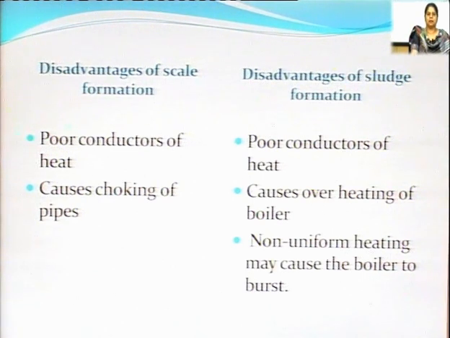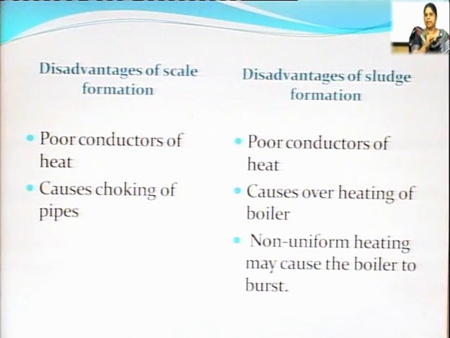Further, due to the scale formation or the sludge formation, there is non-uniform heating, because at points where a large amount of sludge or scale is deposited, the boiler will not reach the temperature to which it is heated at that point.